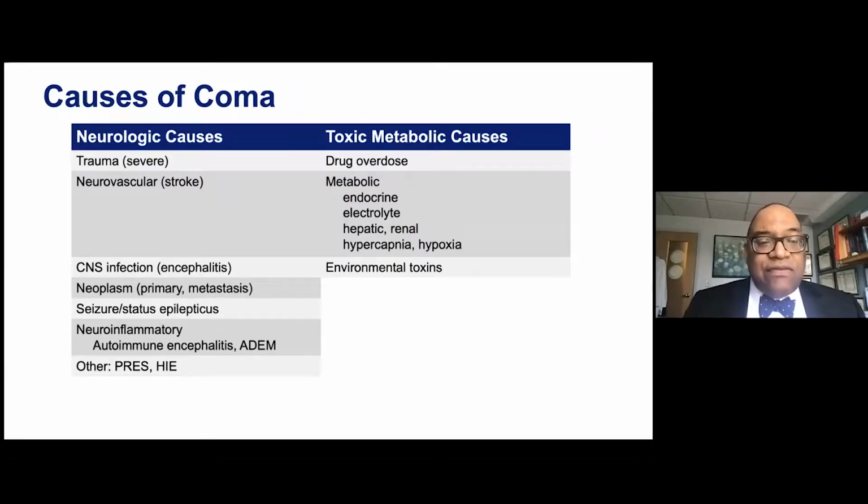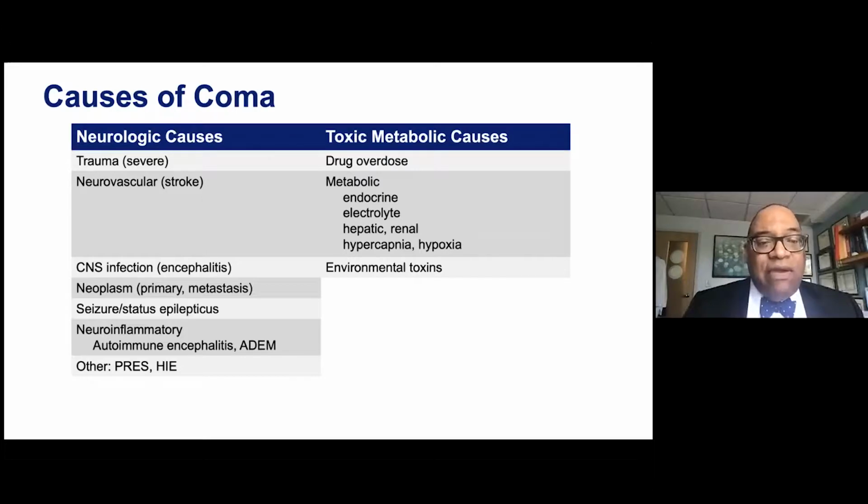Some of the causes of coma, we think about it as either bihemispheric damage or brainstem damage, because if we think about the reticular activating system, it's in the brainstem, or the inputs to the reticular activating system from below or from the hemispheres above.